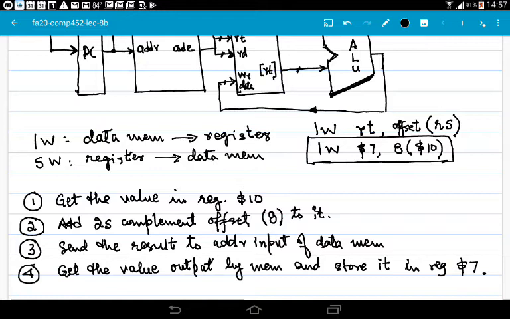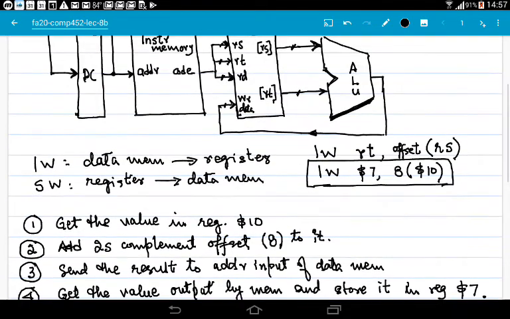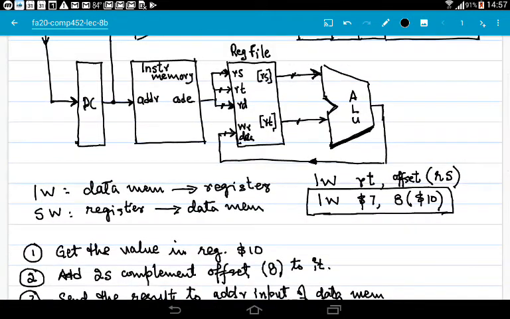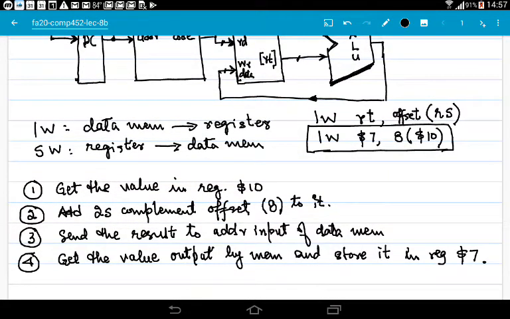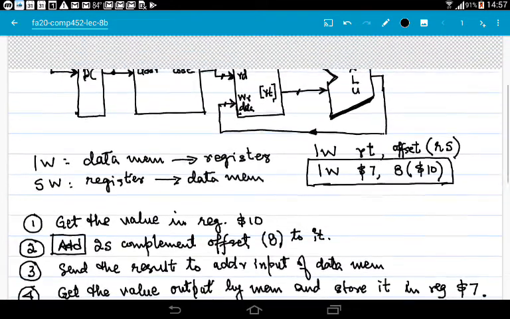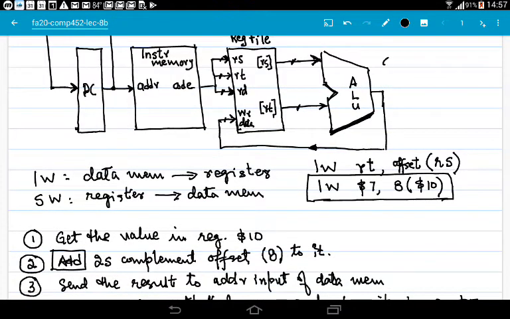All right. Now there is a problem here. We want to perform an addition operation, and to perform this addition operation, we will program our ALU to perform addition.